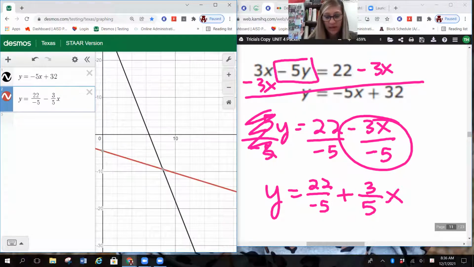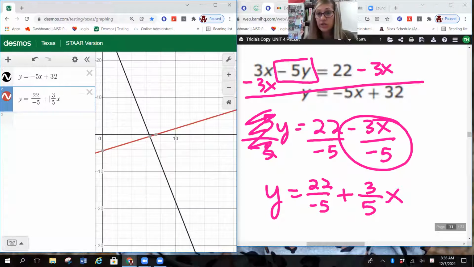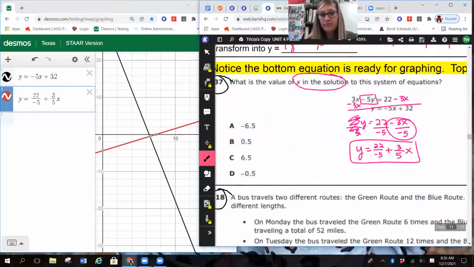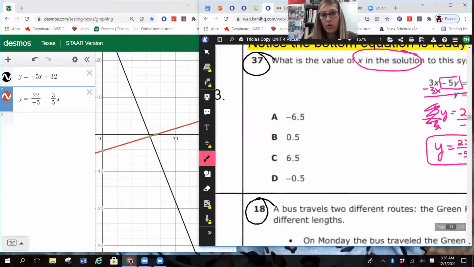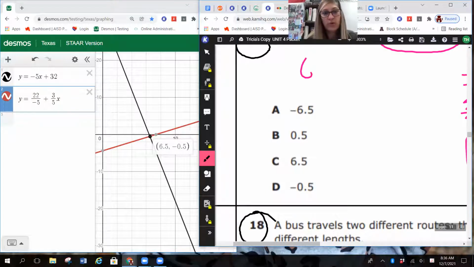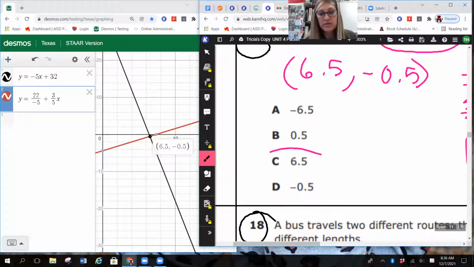So I could delete the minus here and then delete the minus there and put a plus, and it still looks the same. Here's my final equation. Again, I need to only care about the x coordinate, which is 6.5 comma negative 0.5. So that's going to be choice C.